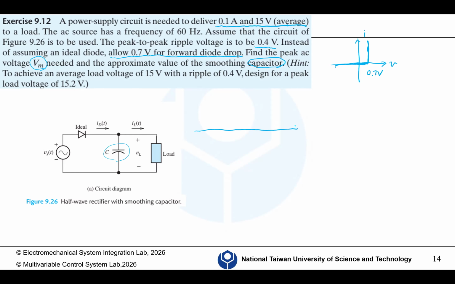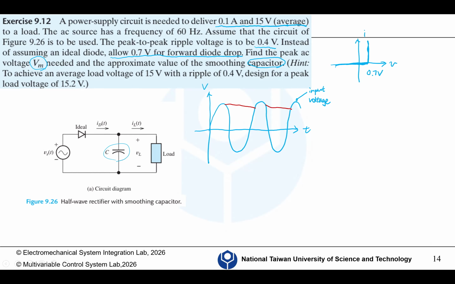If this is T, this is V, and this is a sine wave, suppose this is the input voltage. And then the load voltage will be, because we put the capacitor here, if it's large enough, it will be like this.